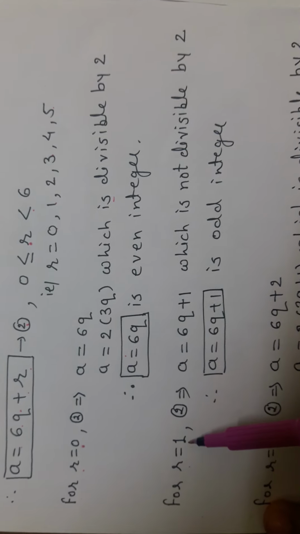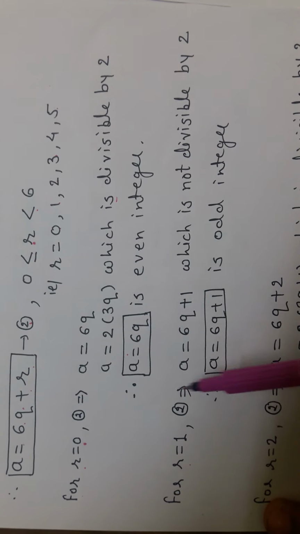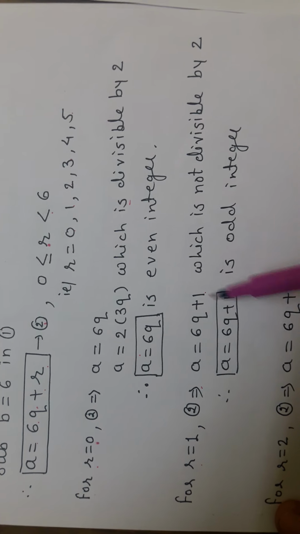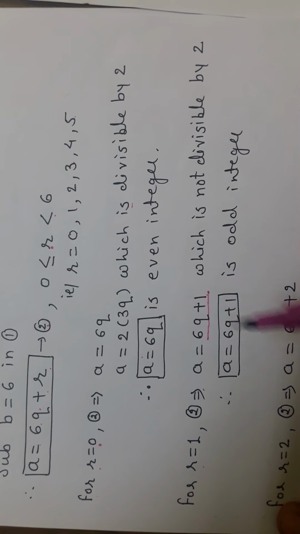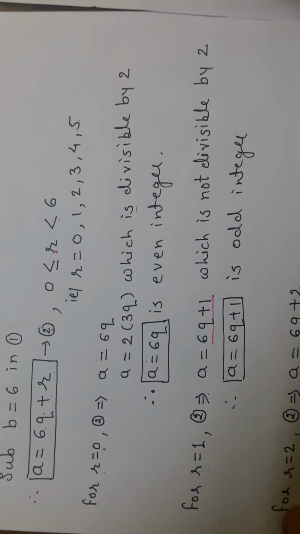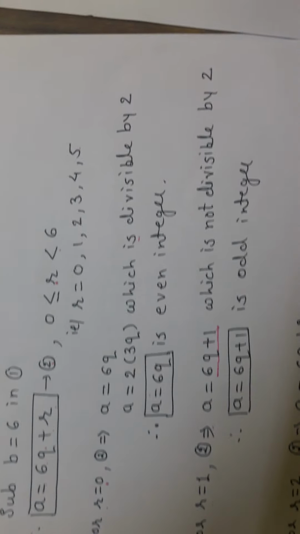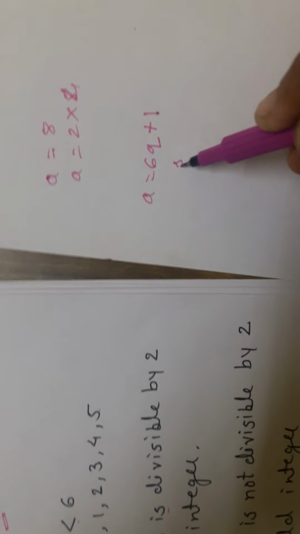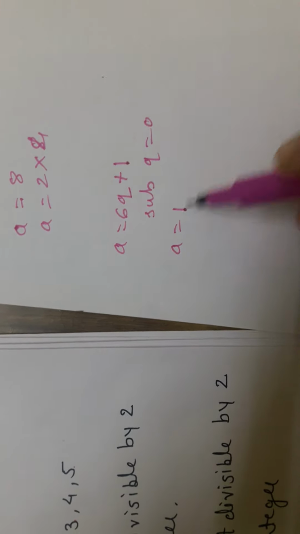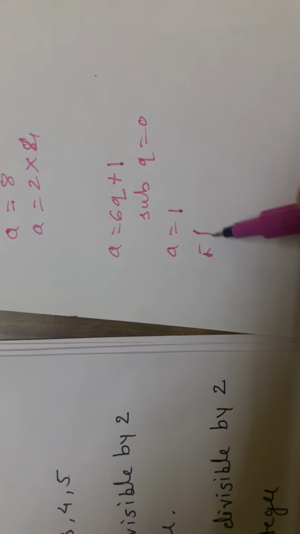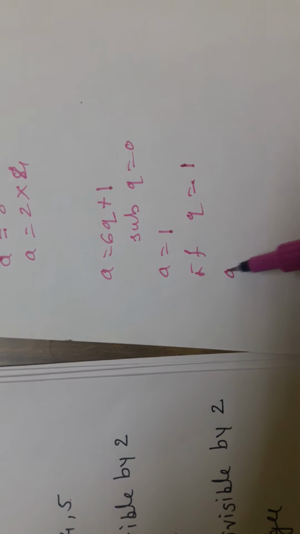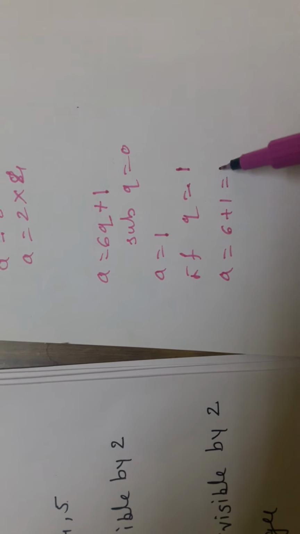Second, for r is equal to 1, equation 2 implies we have to substitute a is equal to 6q plus 1. From this equation we can't take out 2 as a common factor. If a is equal to 6q plus 1, substitute q is equal to 0. What I will get, a is equal to 1. If q is equal to, suppose, 1, then a is equal to 6 plus 1, means 7.